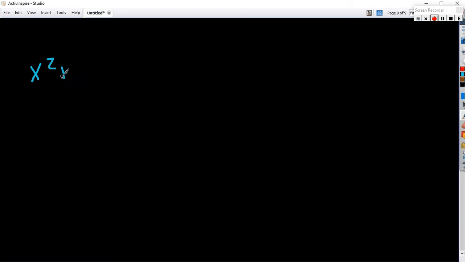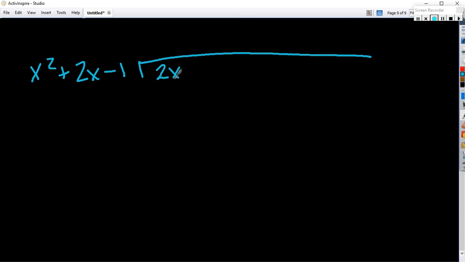X squared plus 2x minus 1 into 2x to the 4th plus x cubed plus 0x squared. There's my placeholder. And now what we're going to do is we're going to make sure that our columns stay the same. I've got a 4th power column. I've got a cubed column. I've got a squared column, a power of 1 column, and a constant column.